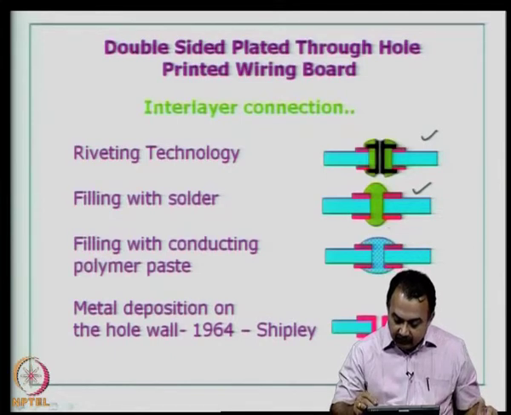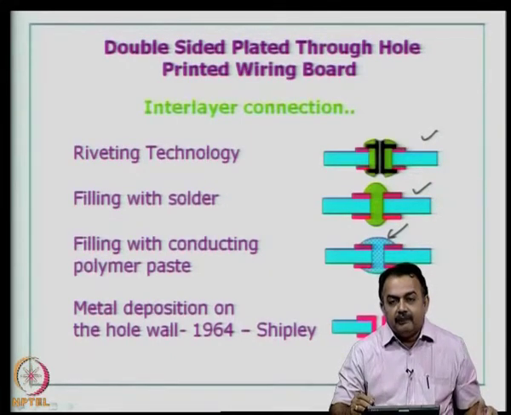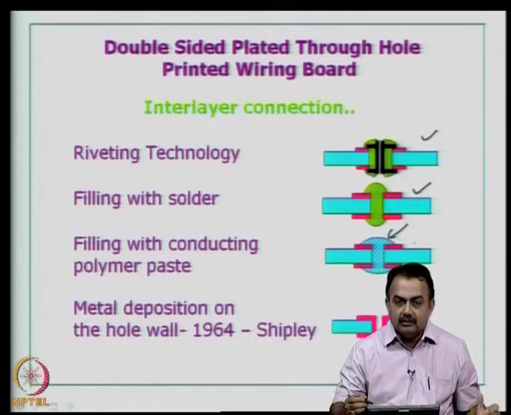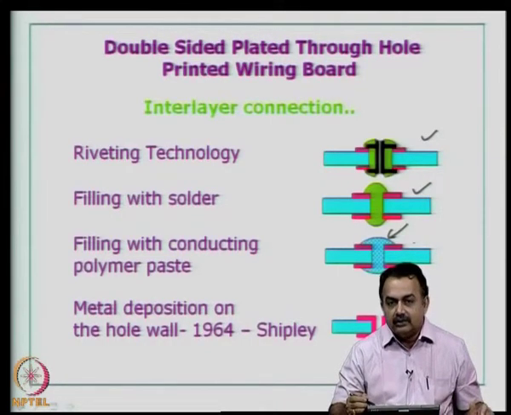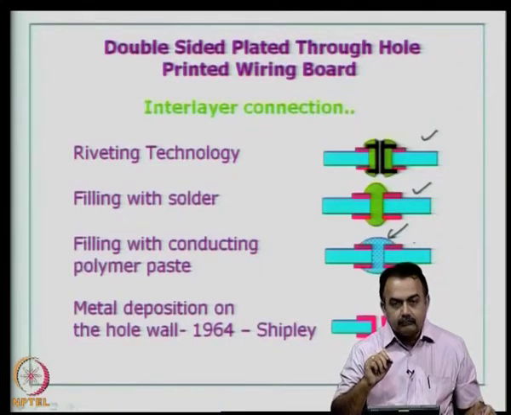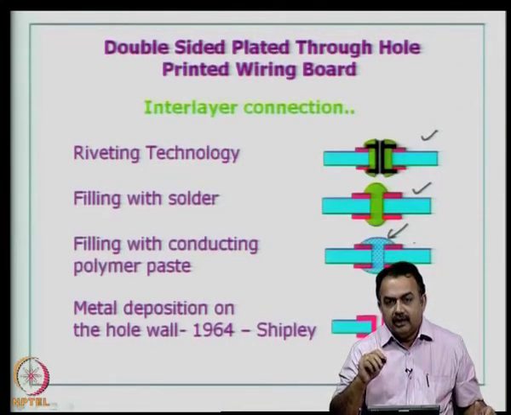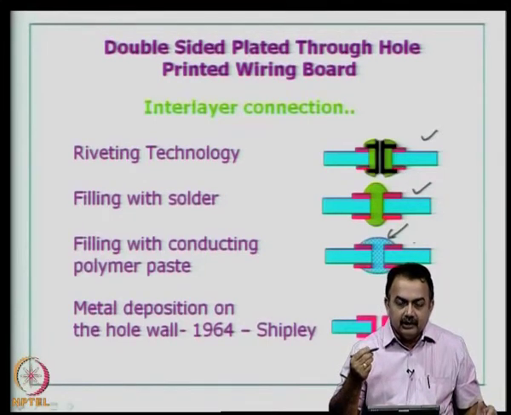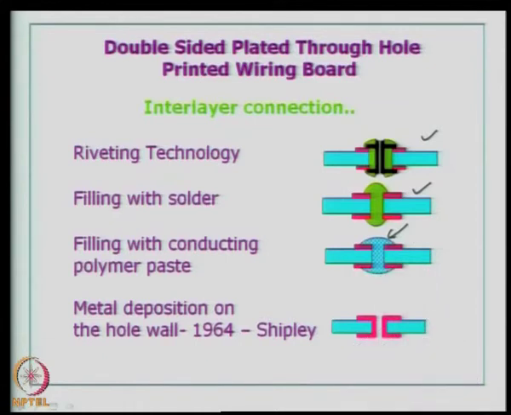So, basically once you drill the hole, you use a conductive paste, typically a paste which contains metallic powders, metallic particles like gold, silver, or a combination of silver, copper and so on, and these are dispersed in an epoxy medium, organic medium, and they are printed by stencil printing or syringe dispensing into the hole wall area, and they are cured, and finally they are polished, or basically the extra material is removed and the surface is treated in such a way that the surface is planar after the process is over.